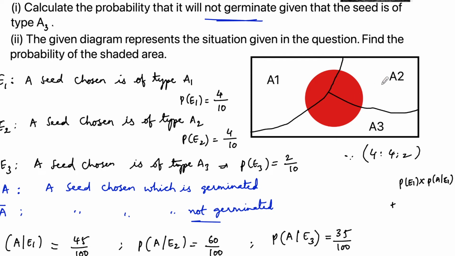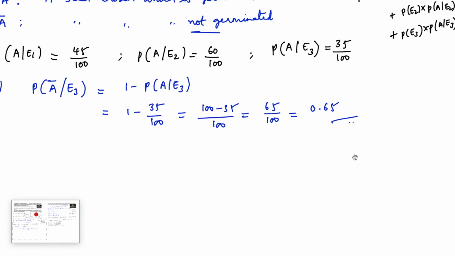Then we go for the selection of the second type, P of E2, and find the germinated seed given E2. Then we select the third type, and find the probability of a germinated seed given that it is from the third type, E3. This is nothing but the total probability theorem. So let us find the probability of event A by using the total probability theorem.